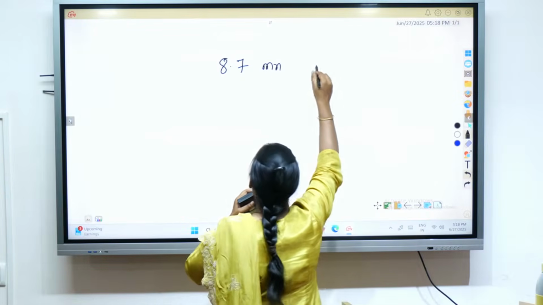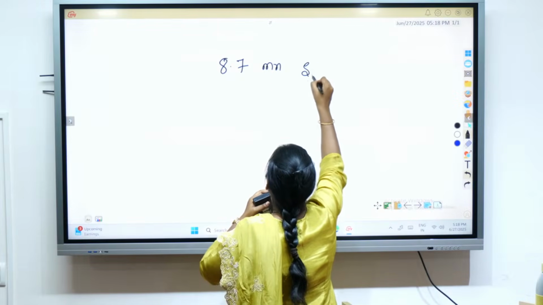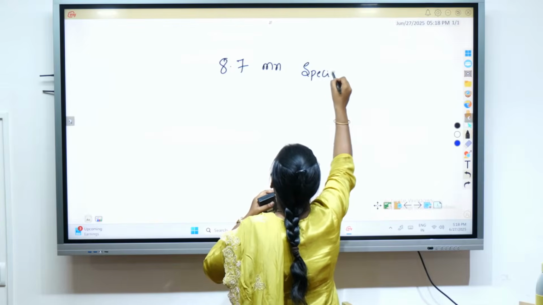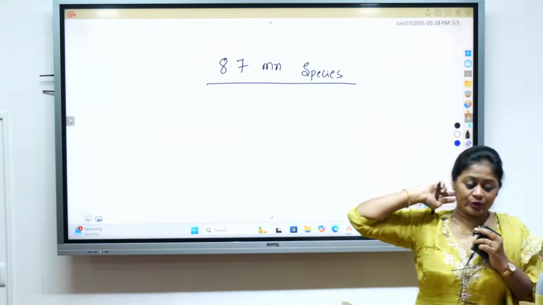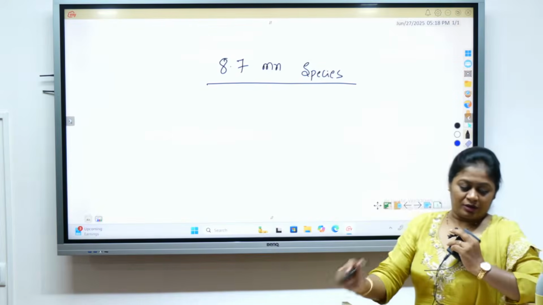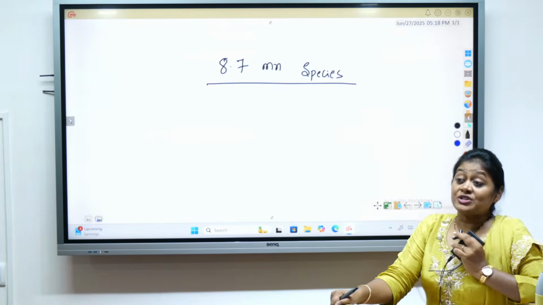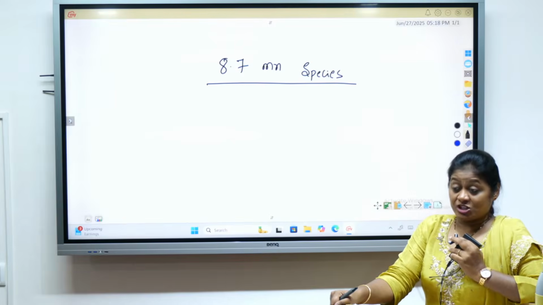Can you imagine this? 8.7 million species present on earth. Not individuals, for your kind information. The total number of species is 8.7 million.